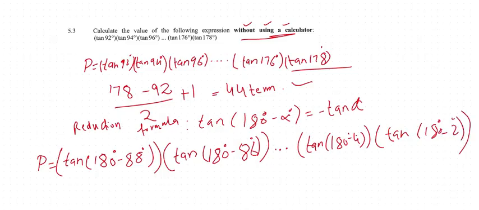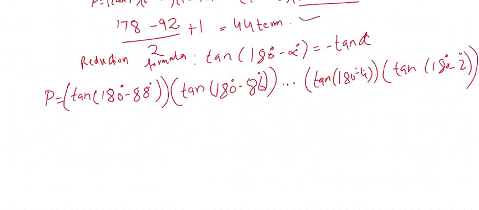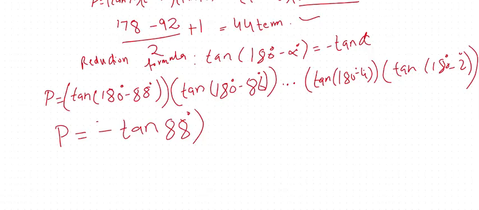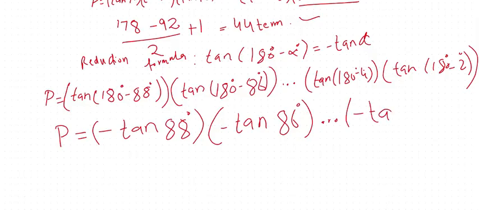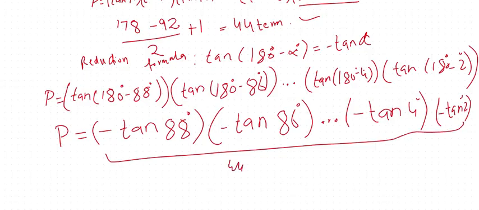So I'm writing P equals minus tan 88 degree, minus tan 86 degree, and so on, minus tan 4 degree, and minus tan 2 degree. So we have these 44 terms in negative.